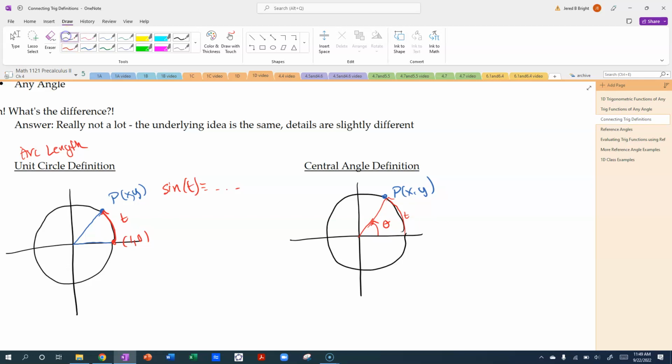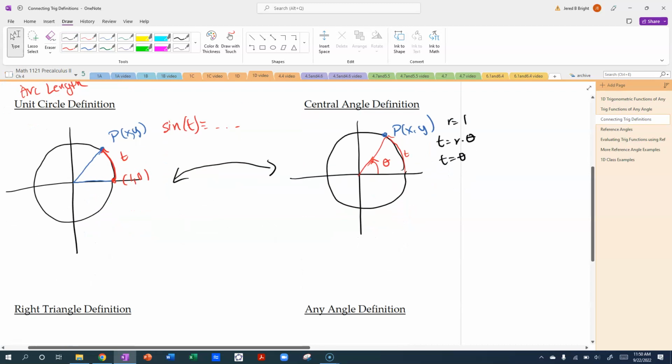And we said this is fine because when we look at the unit circle, our radius is 1. So when we have the arc length formula, r is just 1, so t is equal to theta. So our definitions all carry forward because the arc length is the same as the central angle, okay? So this one kind of fed into this one, and it's really vice versa, okay? We can move between those definitions.